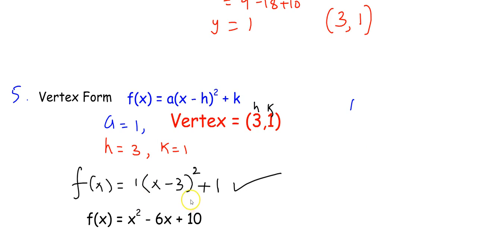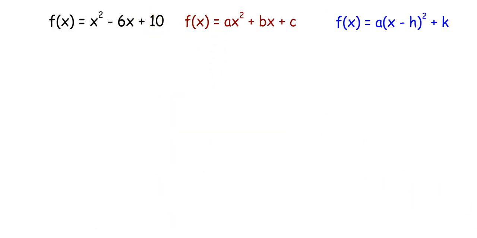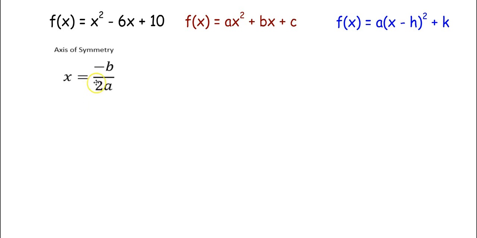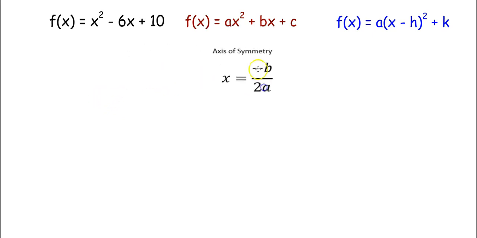Okay, now instead of going through this long process, there is a shortcut, but you need to know the formula for the axis of symmetry. The formula for axis of symmetry is x is equal to negative b over 2a in this standard form of quadratic function. Now identify what your a and b are. In this you have a is equal to 1, that's 1x square, so a is 1 and b is equal to negative 6.